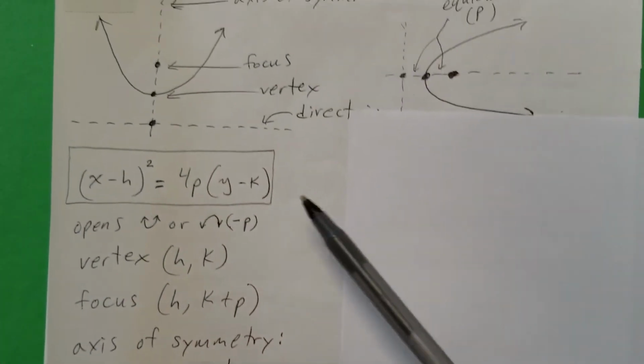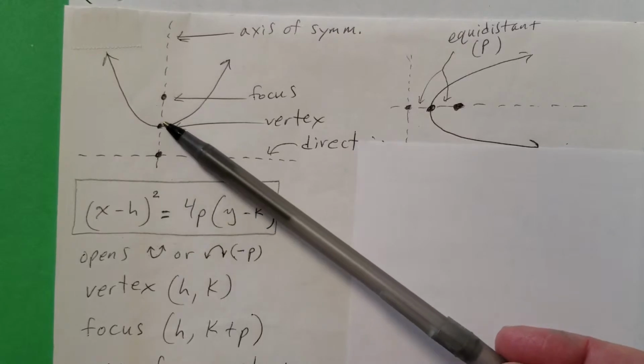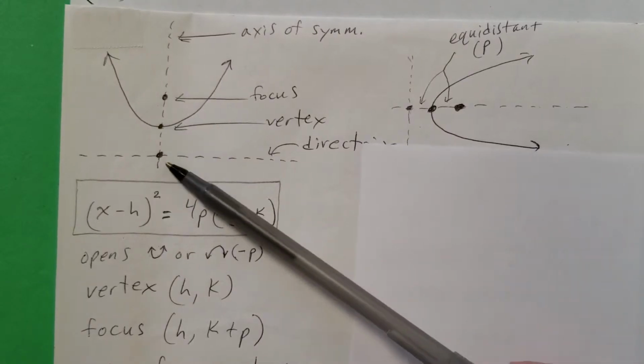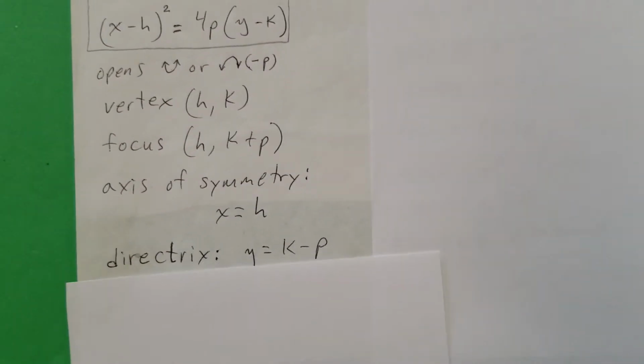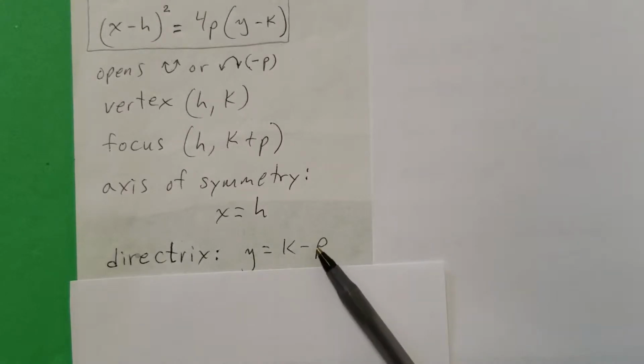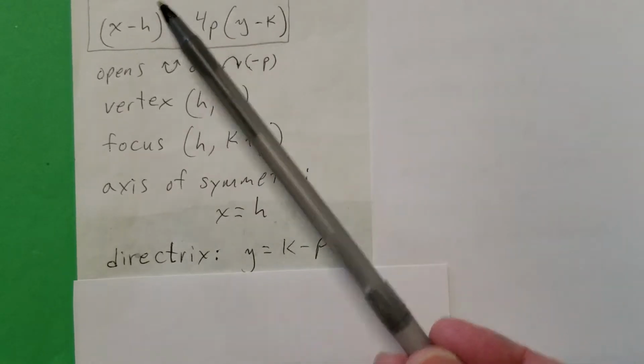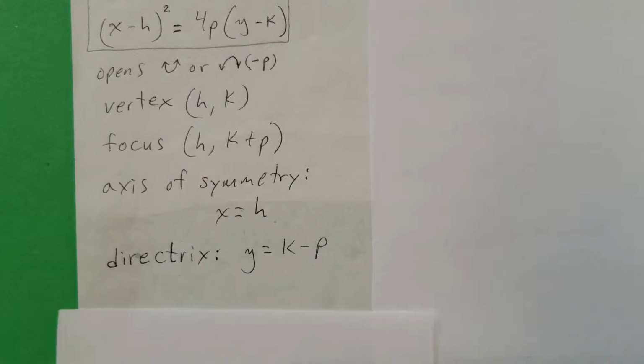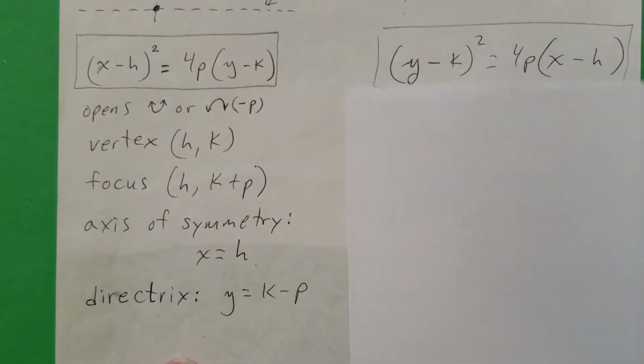It was equal distance, but down. So from (h, k), move down p. Take the k value and subtract p, and you'll be down here. So it looks like a lot. It looks confusing. But once we work with the numbers, you'll see that it's not that bad. Go ahead and pause here if you want and copy this and this.